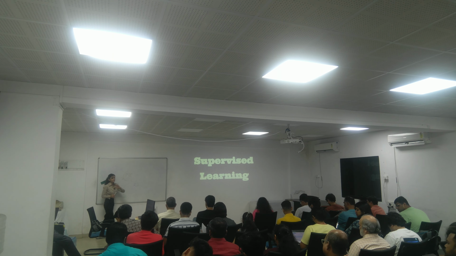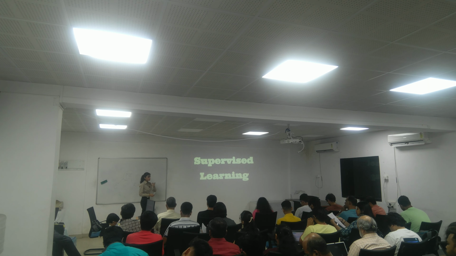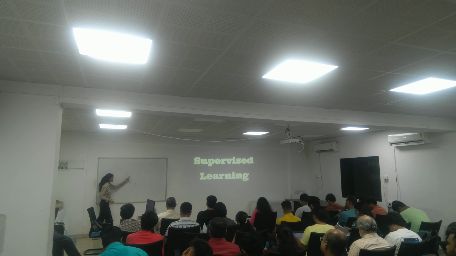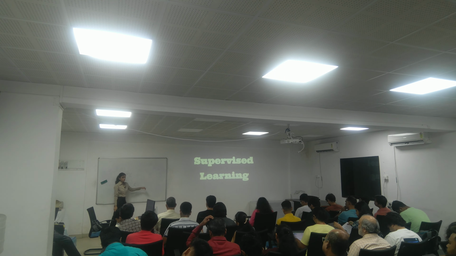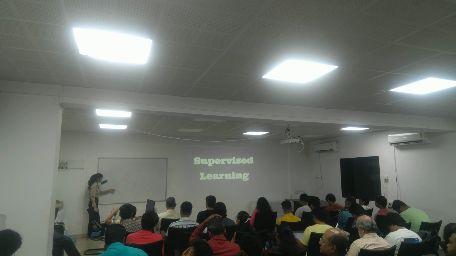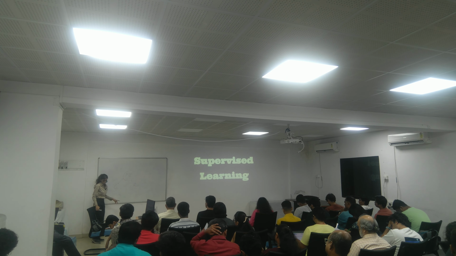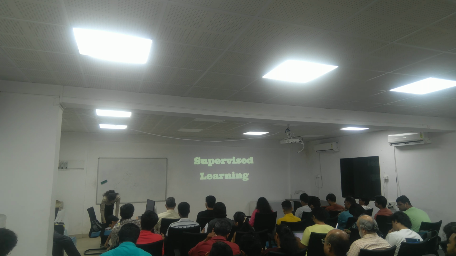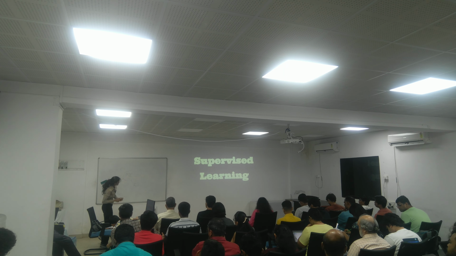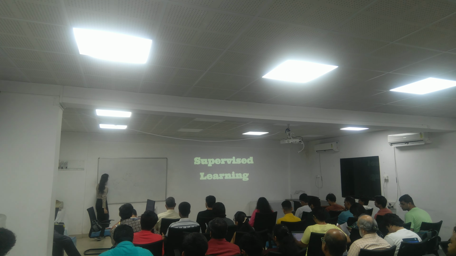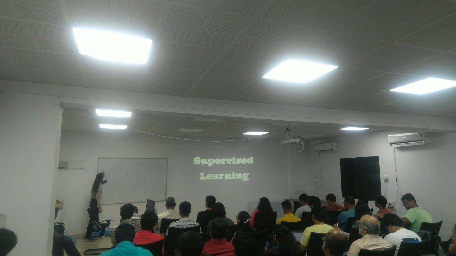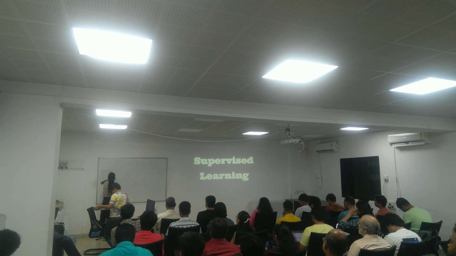There are two different data types. One is numeric and one is categorical. In machine learning, we use regression models for the numeric data type, and classification models for the categorical data type. An example of a classification model would be an email model.